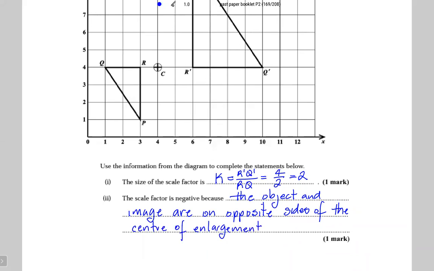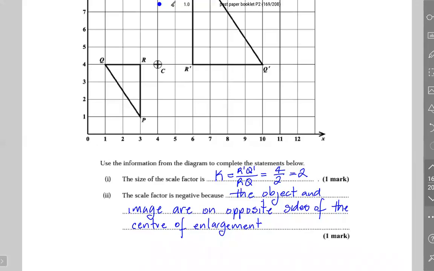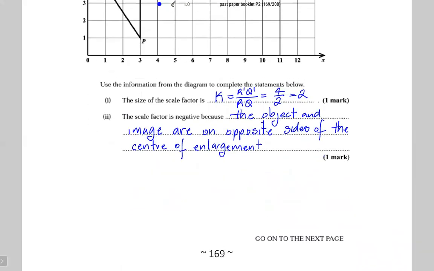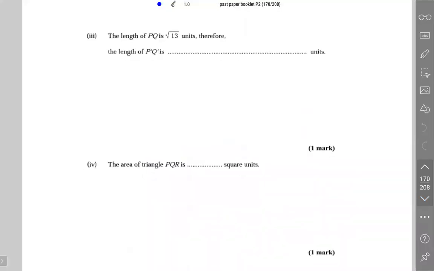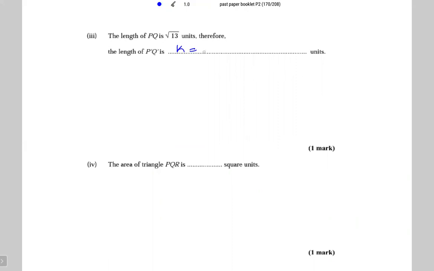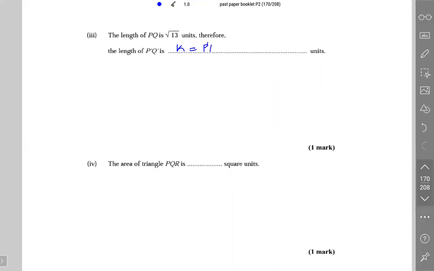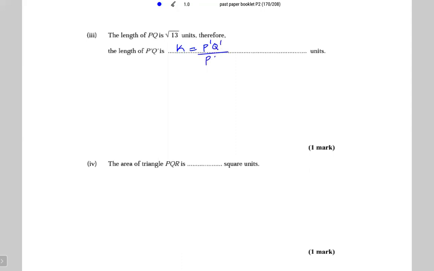All right, so next. The question continues on the next page. It says the length of PQ is root 13 units. Therefore, the length of P prime Q prime is, remember that K would be equal to P prime Q prime divided by PQ.